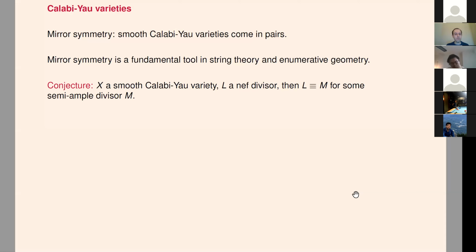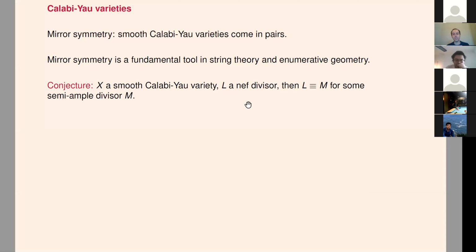Now, let me also give you a conjecture about Calabi-Yau varieties. It's easy to state. Suppose that we take X to be a smooth Calabi-Yau variety and L to be a nef divisor. Nef means some kind of positivity, which precisely means that the intersection number of this divisor with any curve inside X is non-negative.